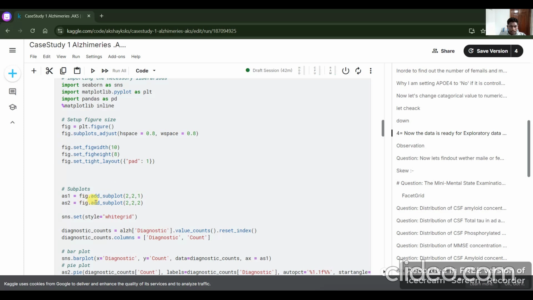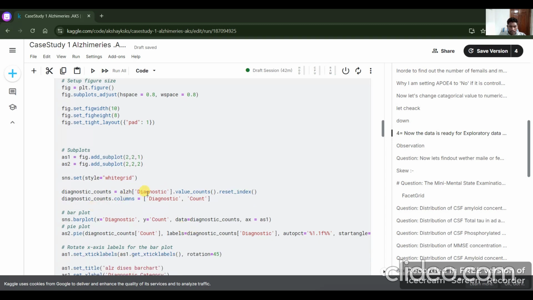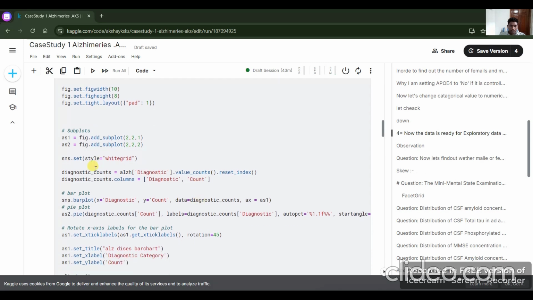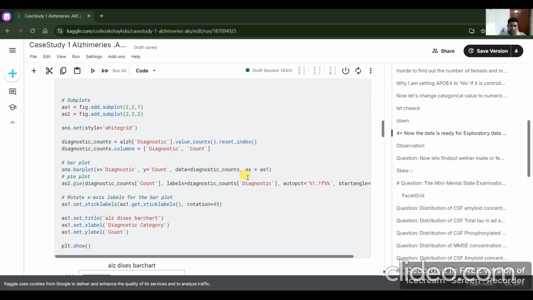Subplot is figure add_subplot 2, 2, 1, and figure add_subplot s2 is 2, 2, 2. sns.set_style whitegrid. diagnostics_count equals diagnostics value_counts, reset_index, with columns equal to diagnostics and count. Then sns.barplot with x equal to diagnostics, y equal to count, data diagnostics count, on s1 for the bar plot.